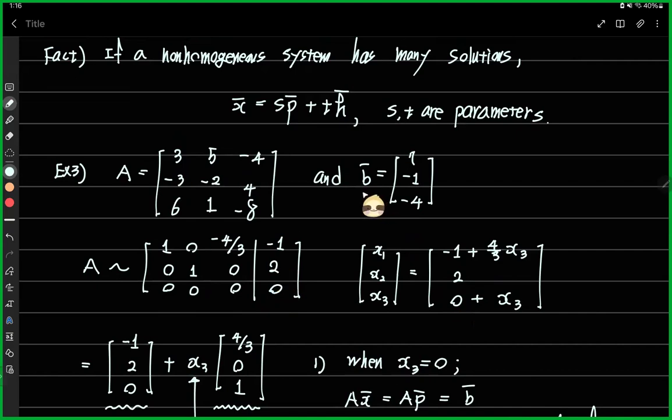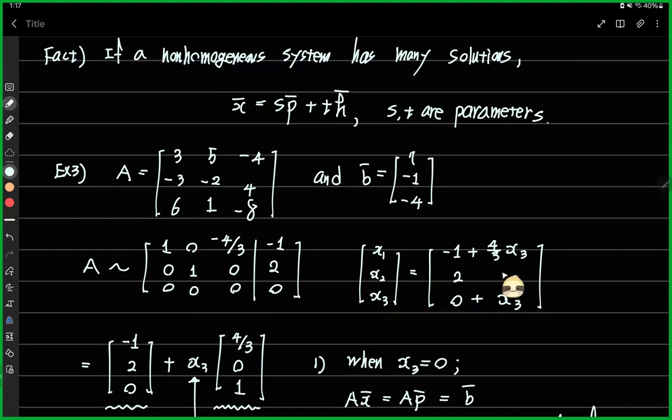So pretty much we split this into two vectors. When you take out all the numbers corresponding to that one, then we only get this one.